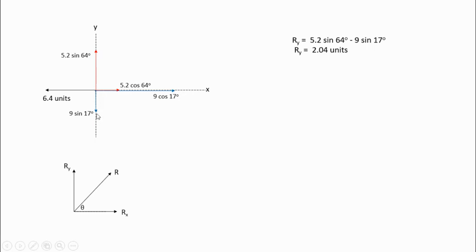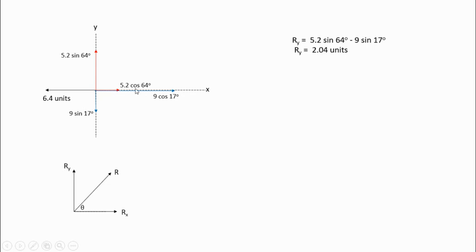They are in opposite directions, so they are anti-parallel. So we're going to subtract them. 5.2 sine 64 minus 9 sine 17. And since our sketch here is showing us the Ry pointing upwards, we're going to assume that the 5.2 sine 64 is the larger one. If when we subtract them, we end up with a negative answer, all it means is that the Ry is actually pointing in the opposite direction. So we will just redo our sketch.